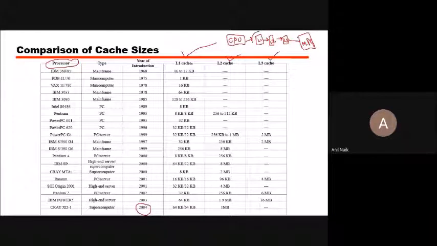If it is just cache memory, it is like one cache, but in the cache memory there are levels: level 1, level 2, level 3. Level 1 means it is very near to the CPU. If the data is not present in level 1, go to level 2, then level 3. Some of the old processors have only the L1 cache, up to Intel 80486. You know, 486, 386, 286 processors. They have only one memory, that is the L1 cache.